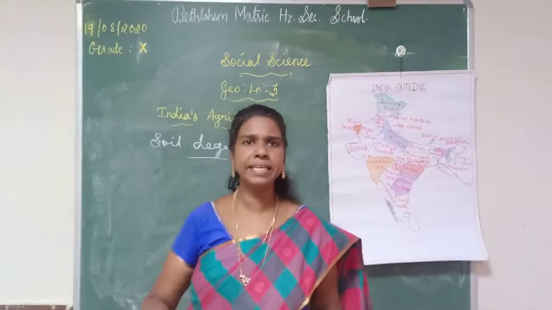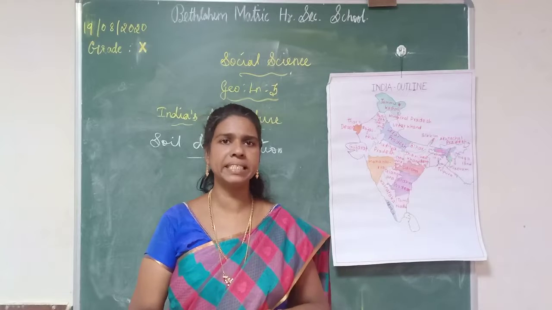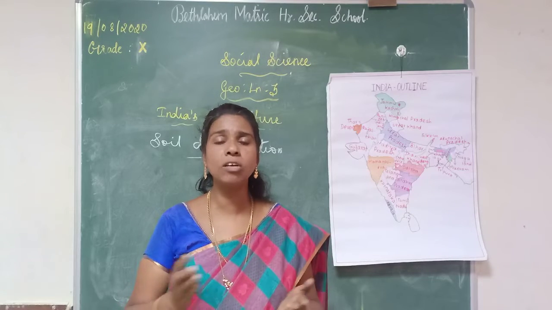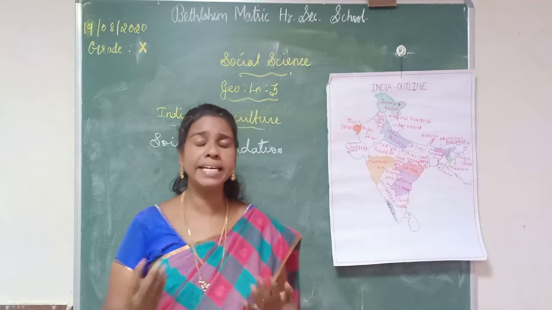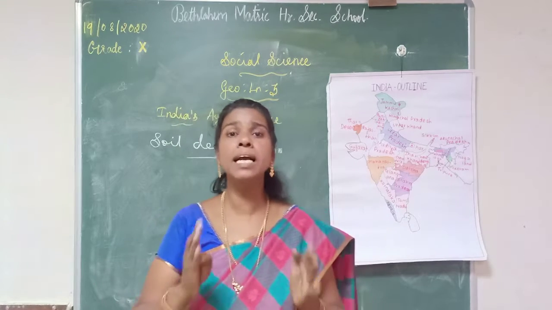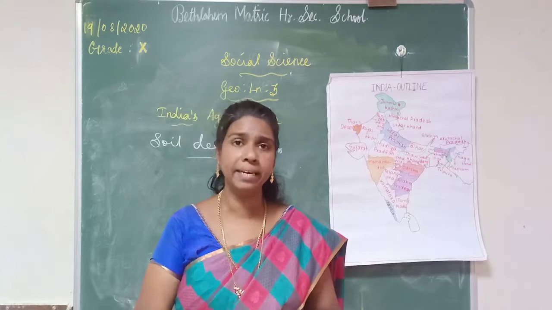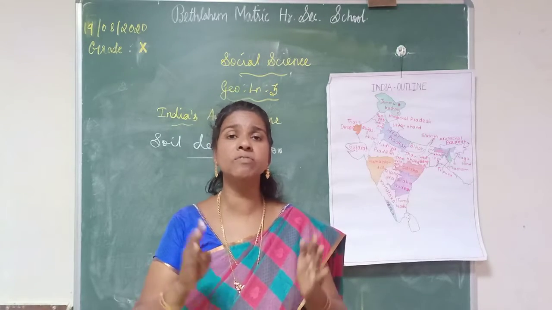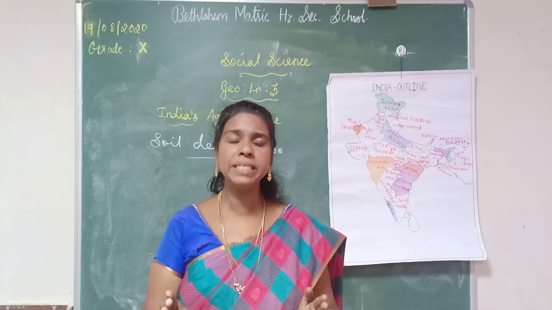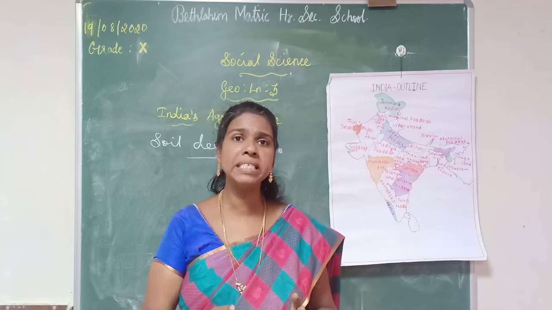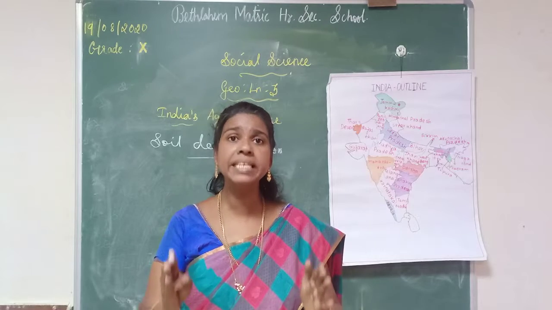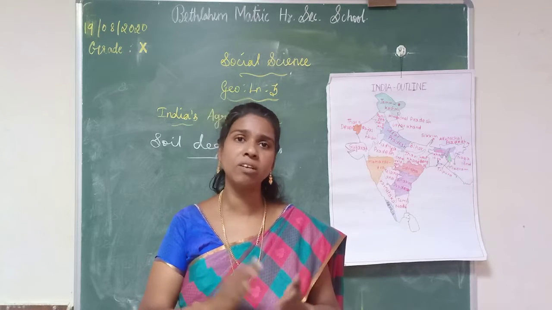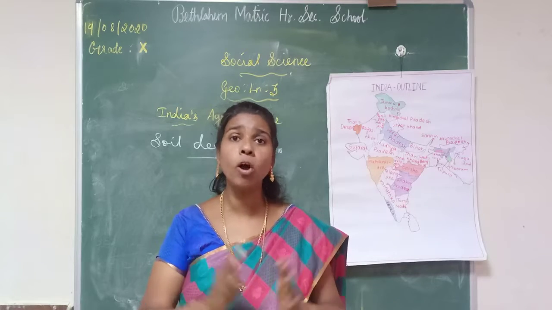What is soil degradation? Soil degradation is the physical, chemical and biological decline in soil quality. That means the soil loses its fertility, its chemical properties, minerals, organic matter, nature, water content, etc. For example, if we cultivate some crops in the soil, sometimes a few crops may not grow.